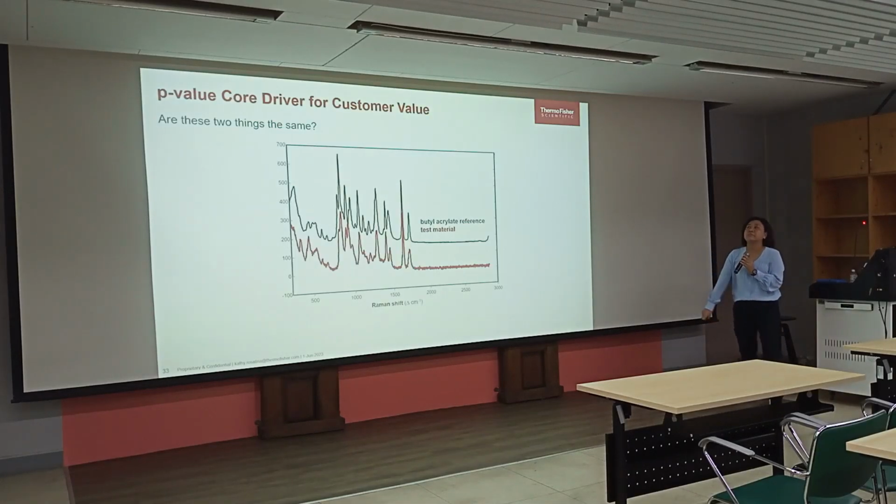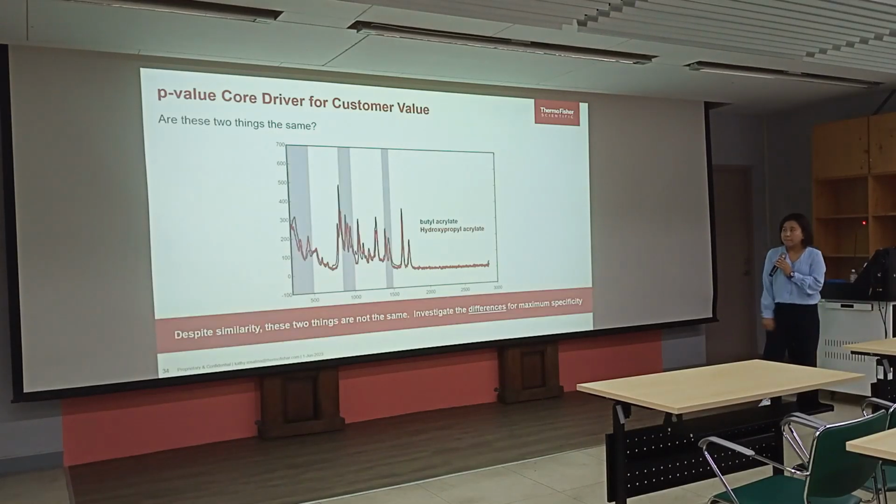Okay, let me put it as a very simple example. Now we have two spectra. One is from your library, the butyl acrylate reference. Then I scan one sample, the red one, which is my test sample. What I see here is that these two spectra look very similar. But when I overlap these two spectra, I find that some regions are actually different.